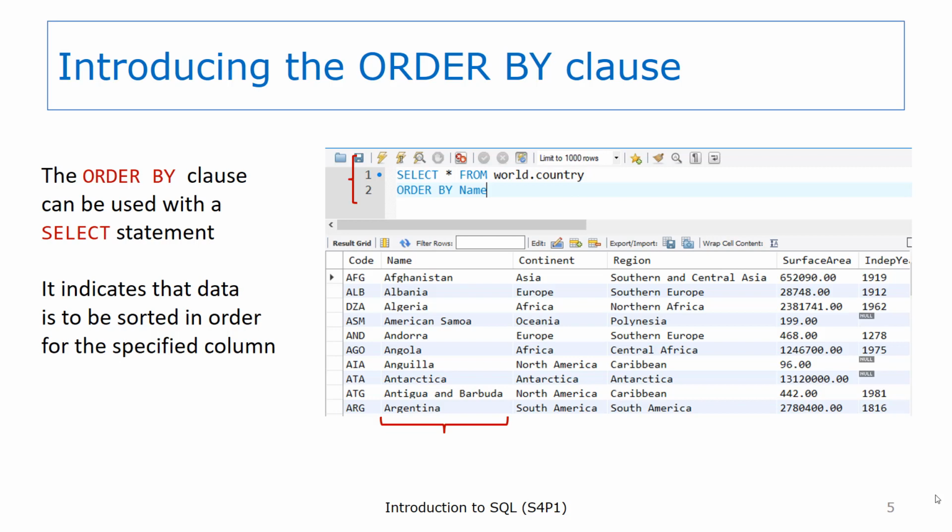If you forget to put a space between the words, you'll get an error when you try to run it. To use the order by, you just put the column name that you want to use for the sort. You can see the results of this sort. All of the country names are now in ascending order. The default sort order is ascending or alphabetical.